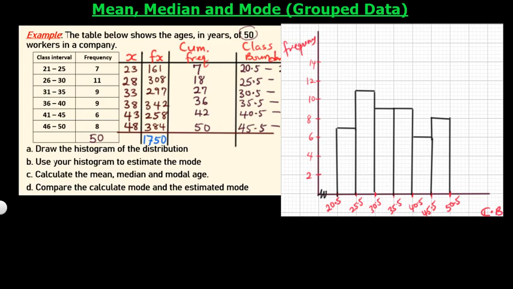Now that we've done this, the question says from the histogram we should estimate our mode. We have answered A, but to estimate the mode from the histogram, that is the next thing. To do that, you look at the highest part and make a dotted line on it.